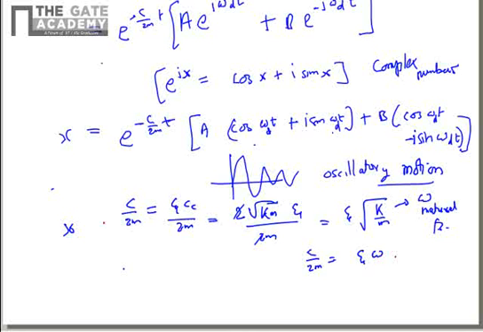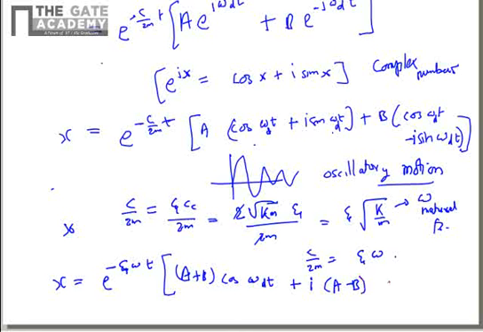So this thing also we will substitute, and we will get the final expression for x: x equals e to the power minus v omega t, times (a plus b) cos omega d t plus iota (a minus b) sine omega d t.